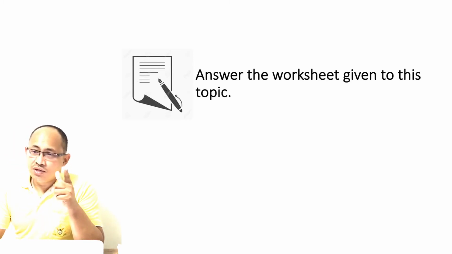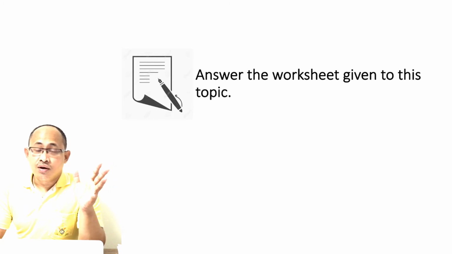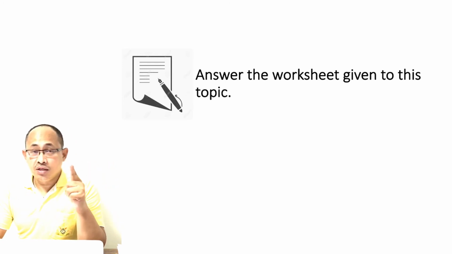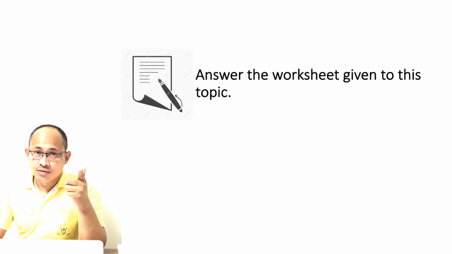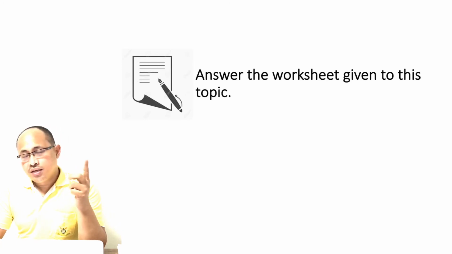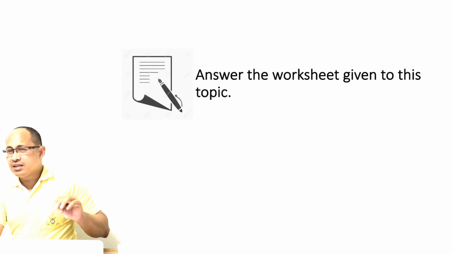Now, second, we discussed fractions. Fractions are a part of a whole, and a fraction is composed of a numerator and a denominator. What is a numerator? The numerator is the number above, on the top of a fraction, while the denominator is the bottom number in a fractional form. Now, what are the types of fractions?